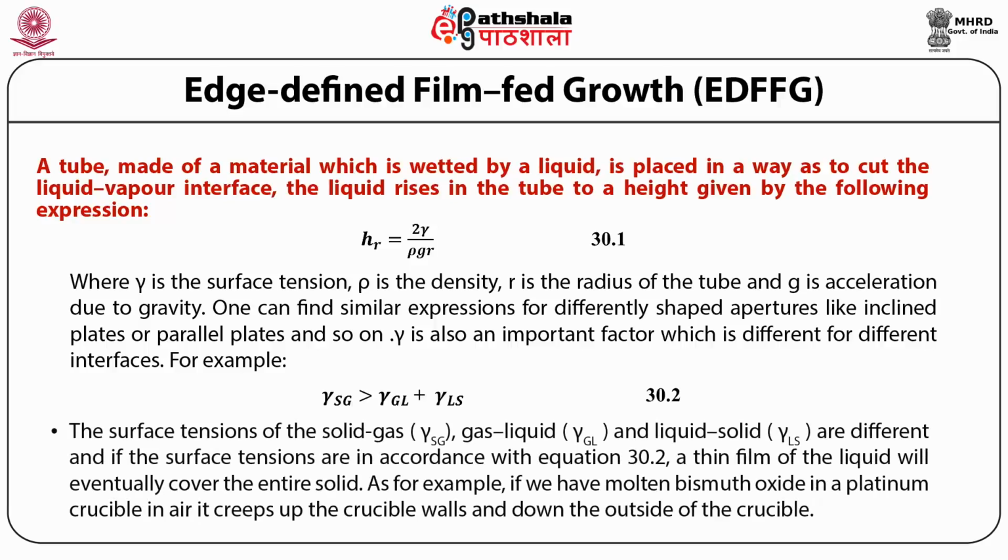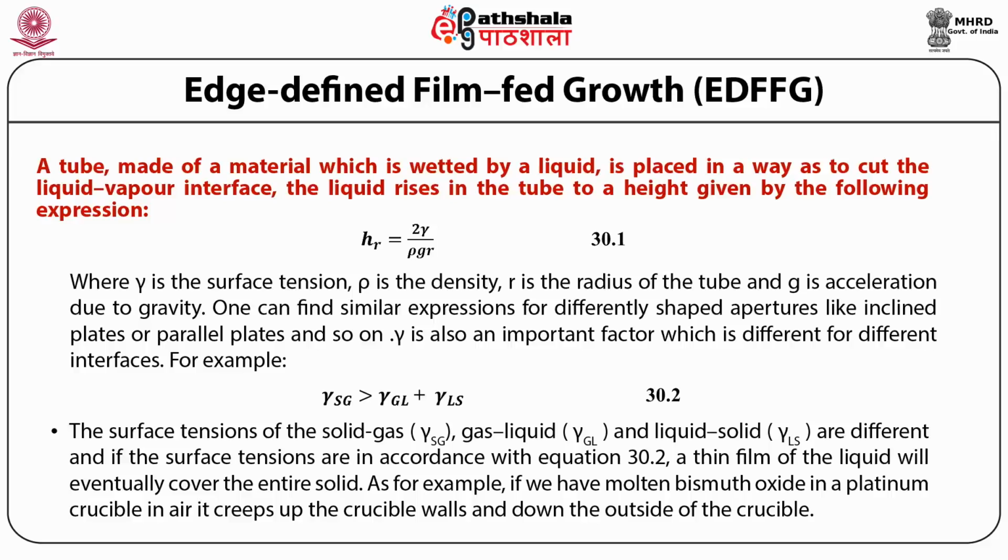The surface tensions of the solid-gas, that is gamma with a subscript SG, gas-liquid represented by gamma with subscript GL, and liquid-solid represented by gamma with subscript LS are different.